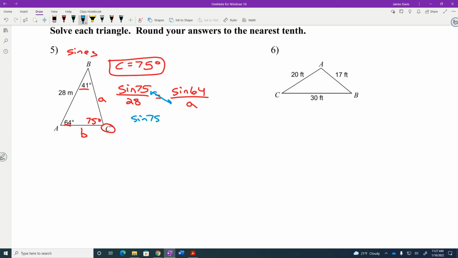Sine 75a equals 28 sine 64. So we divide by sine of 75. Take a second, make sure you can do that. And you should get 26.1.